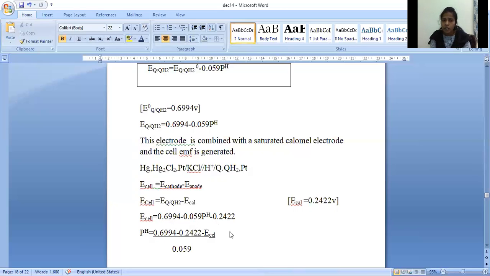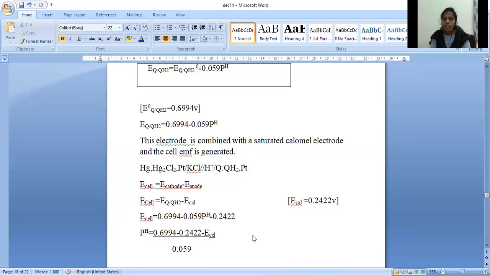So the remaining values go to the left side, and this value comes to the right side. And finally, we will get pH is equal to 0.6994 minus 0.2422 minus E cell, divided by 0.059. Yes. So this is the pH determination by using the quinhydrone electrode.